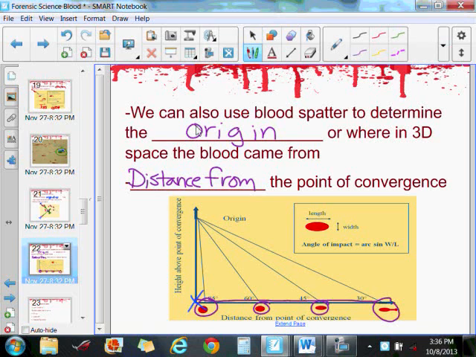Then what you can do is find the angle of the blood, which you did in Lab 4, and you can determine where in space the blood originated from. So that's what you're going to do in Lab number 6. So you would find the angle, and you can do this mathematically, or you can use strings, and you can actually put strings from those blood droplets, and you find out the origin. So you find both where 2-dimensionally the blood originated from, and 3-dimensionally what height it was.